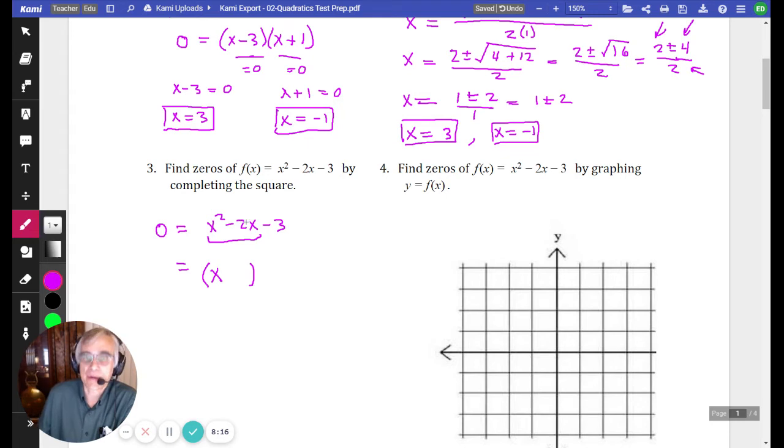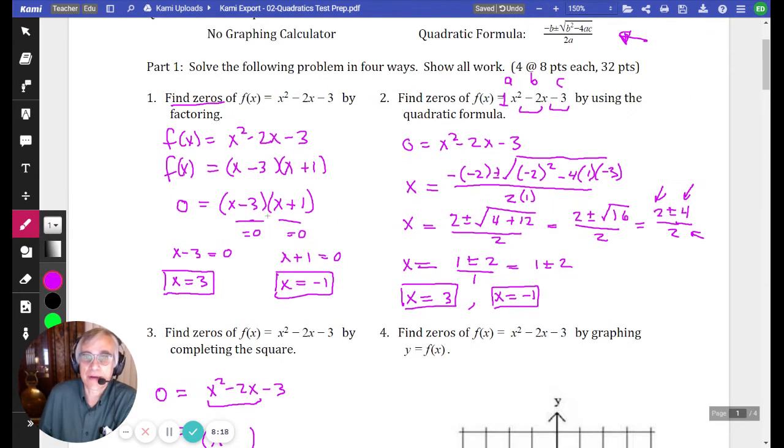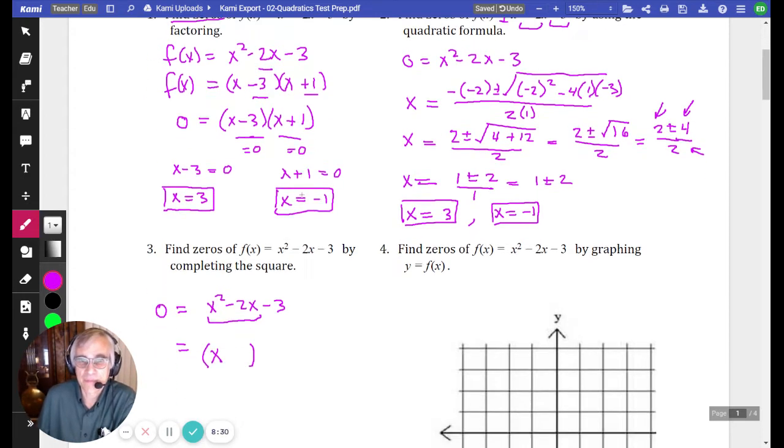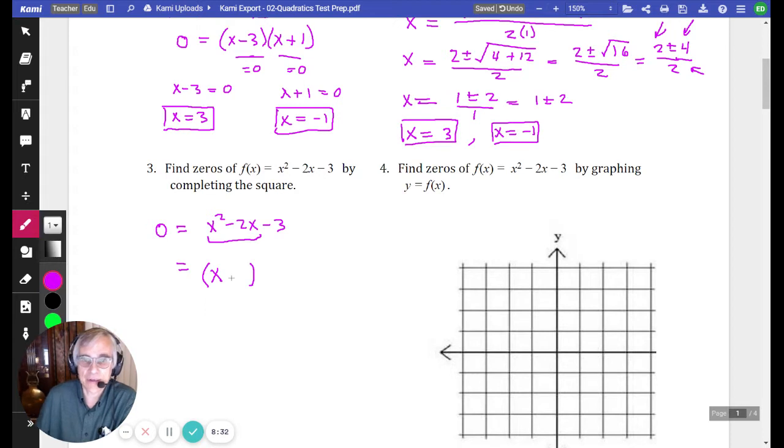And you remember up here when I said that the sum of this number and this number would equal this number. Similar idea here. We want a value here which when doubled or added to itself will equal negative 2. So that would be negative 1.